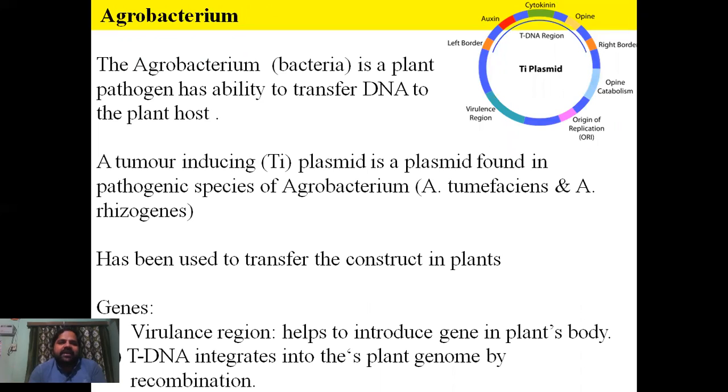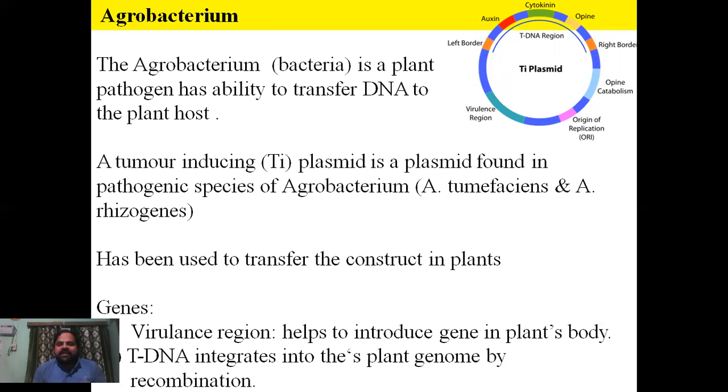The second is the agrobacterium plasmid. So as we know, agrobacterium is a plant pathogen, and it has the ability to transfer the DNA into the plant host. That's why the plasmid of this agrobacterium, named Ti plasmid, has been used to transfer the gene of interest into plants.